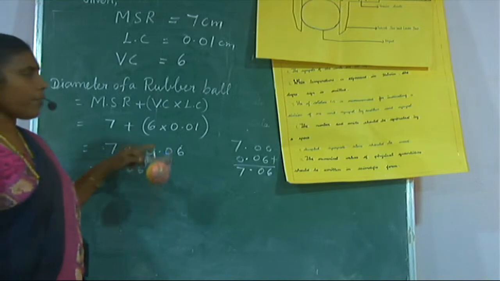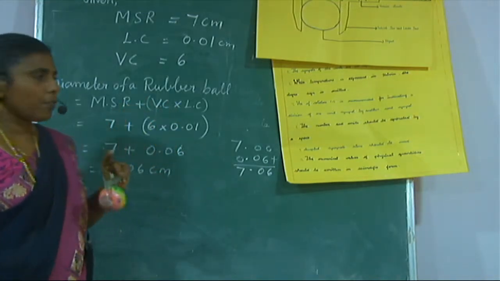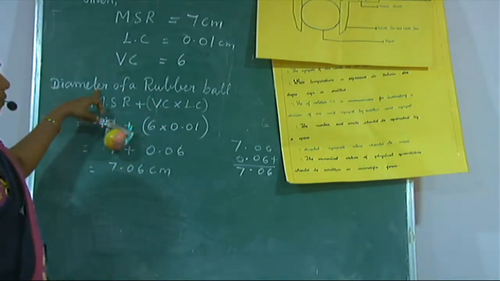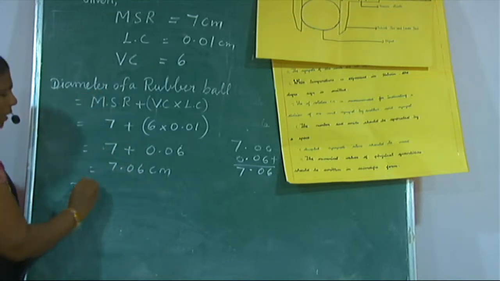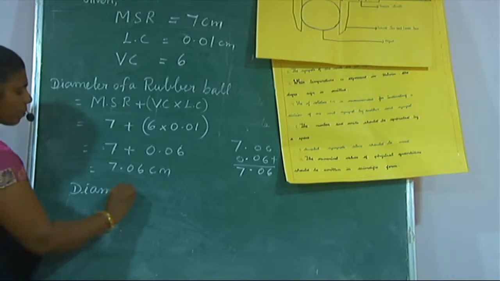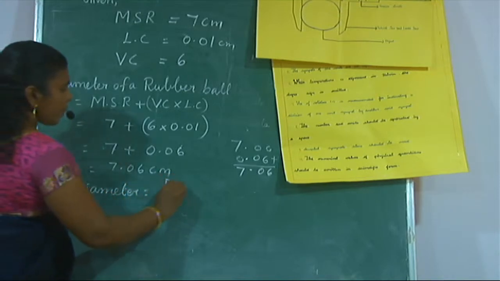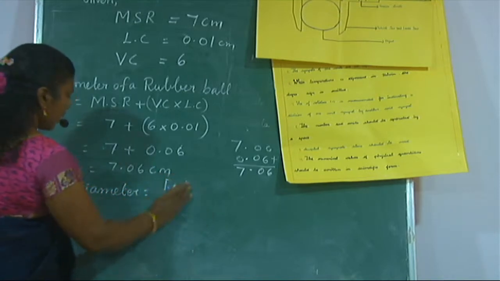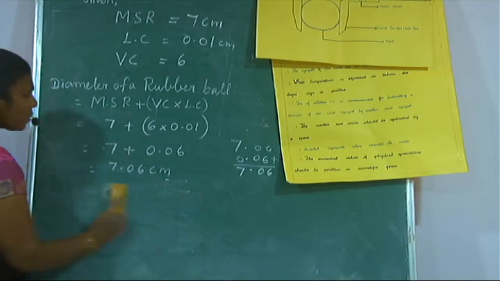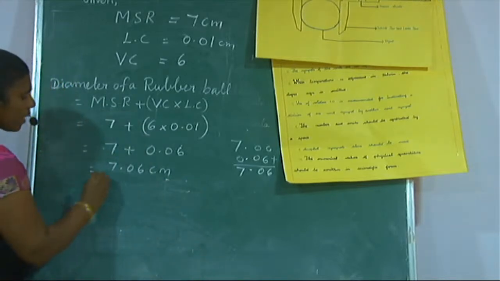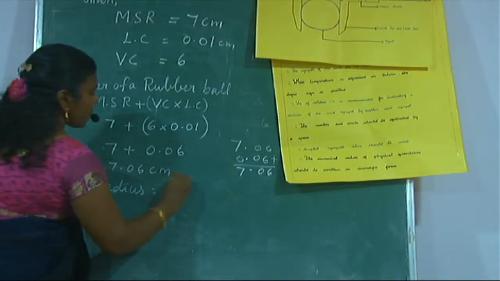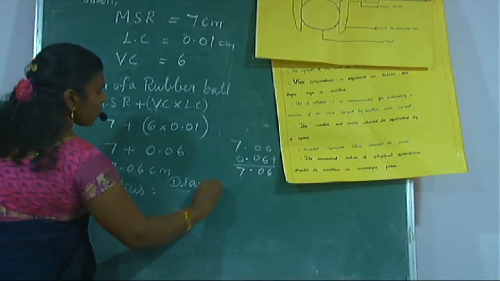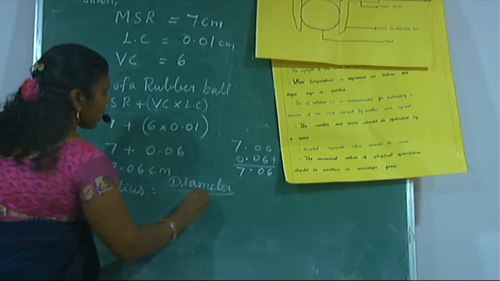In that question we have to find only the radius, but first we find the diameter. The diameter formula all of you know: radius equal to diameter divided by 2. Radius only we have to find out. So radius equal to diameter divided by 2.